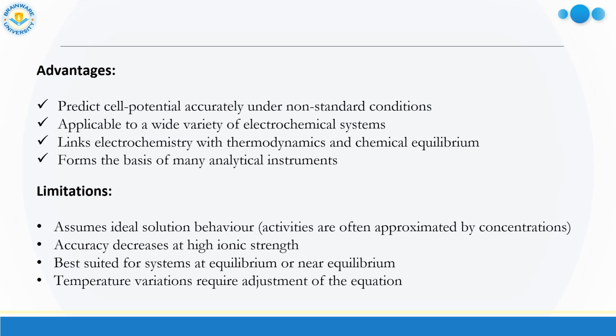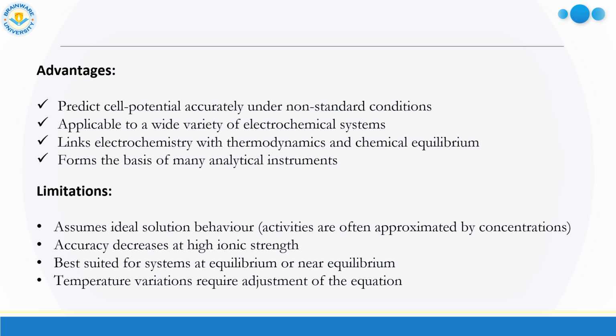It is applicable to a wide variety of electrochemical cells, and it links electrochemistry with thermodynamics and chemical equilibrium. We have already discussed it, and it also forms the basis of many analytical instruments.